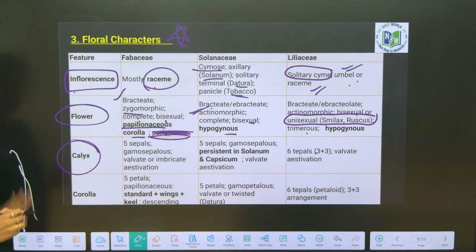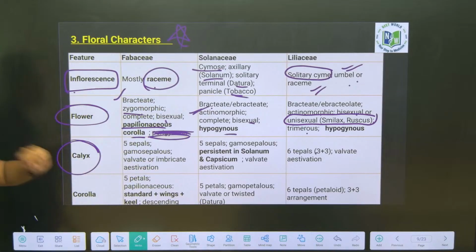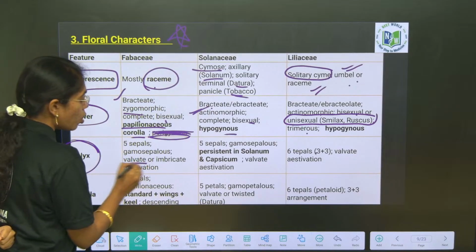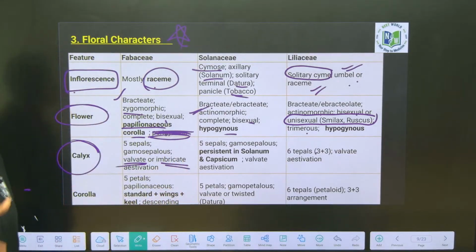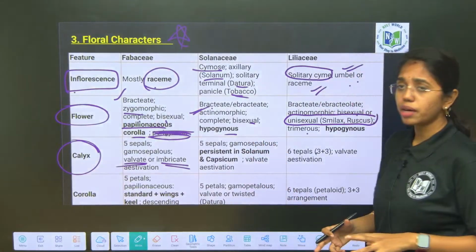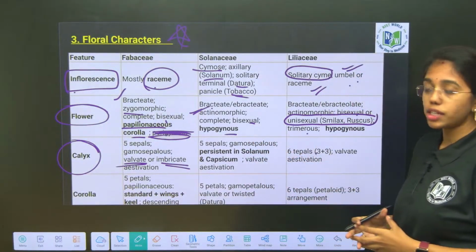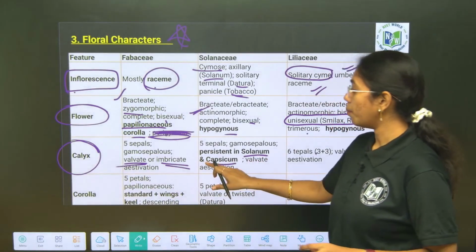With flower and inflorescence. Now, you see calyx. 5 sepals are present, gamosepalous in Fabaceae members, and it follows what aestivation? Mostly valvate aestivation. Sometimes, in a few of the flowers or genera, it also follows imbricate aestivation. Next, Solanaceae members: 5 sepals are present which show gamosepalous condition. This is persistent in Solanum and Capsicum.